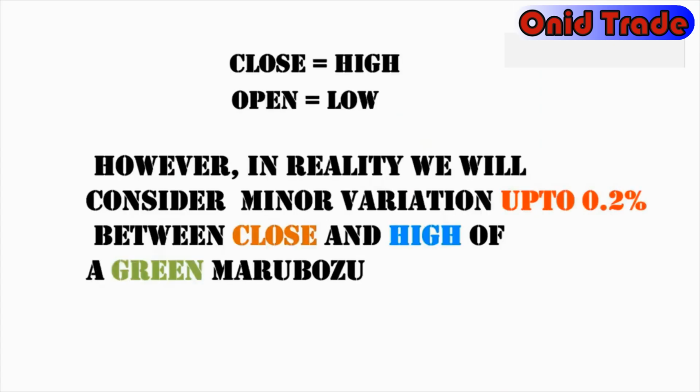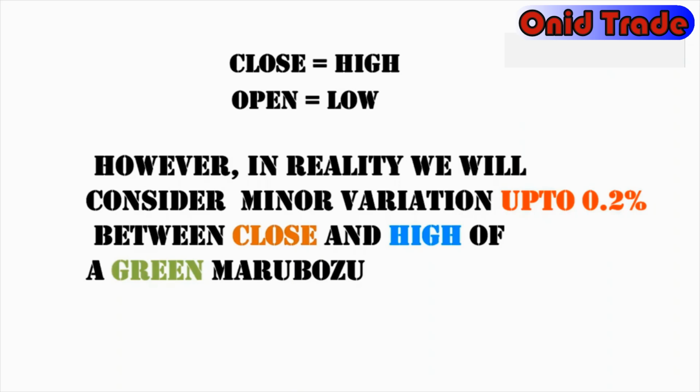According to the standard book definition, close should be equal to high and open should be equal to low. But in reality, it is not always possible. So we will take some minor variations into consideration, that is up to 0.2%.